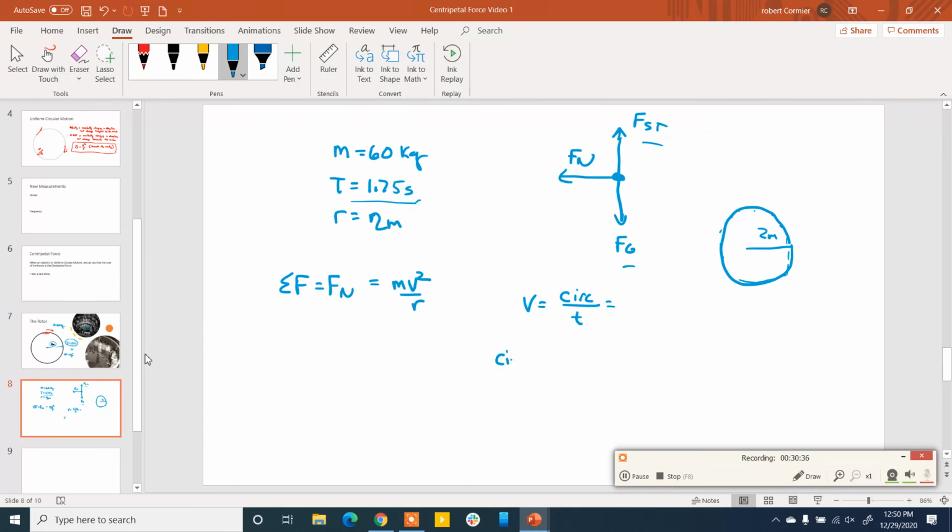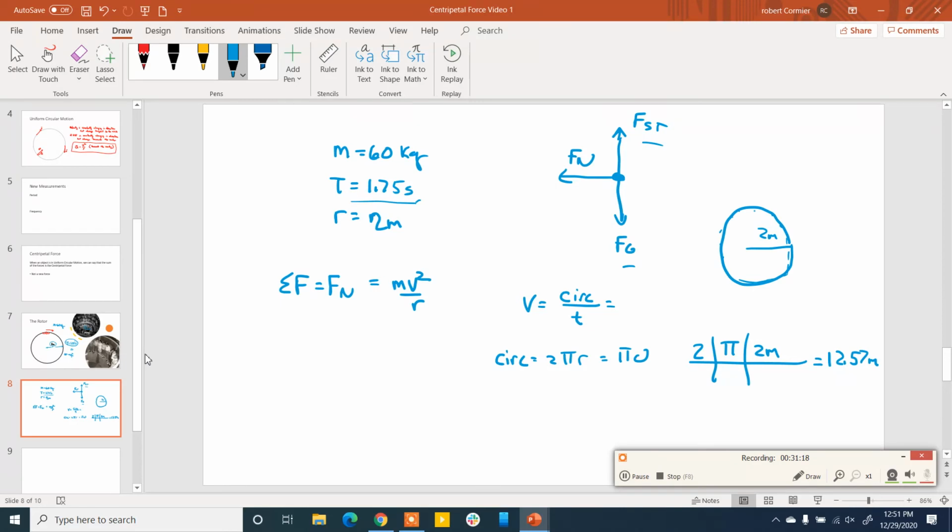So what we have to do is get the circumference, 2 pi r, or we could say it's pi times the diameter. But this time we have the radius. So 2 times pi times 2 meters gives me a circumference of 12.57 meters.